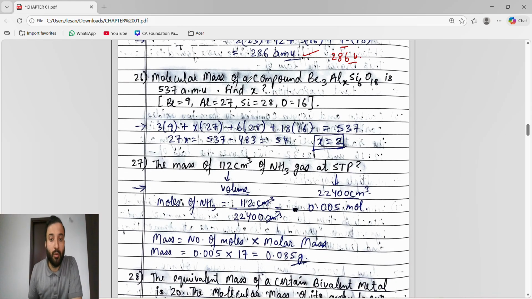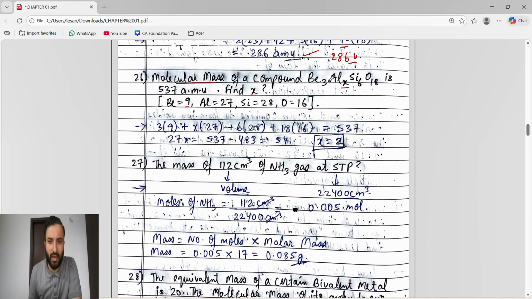This is important. Molecular mass of the compound Be3AlXSi6O18. This is a compound. They have already given the molecular mass of this compound as 537 AMU. You have to find X. Very easy, guys, just do the simple process.